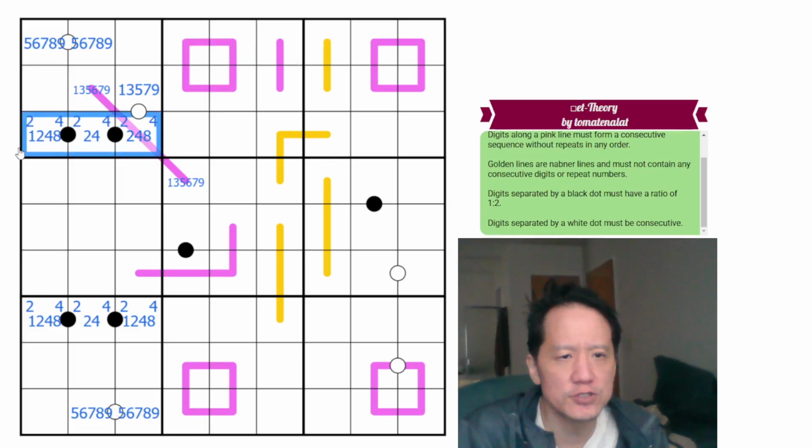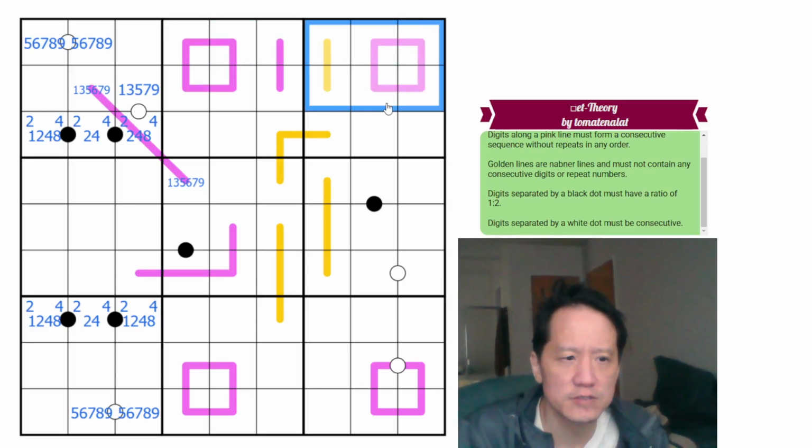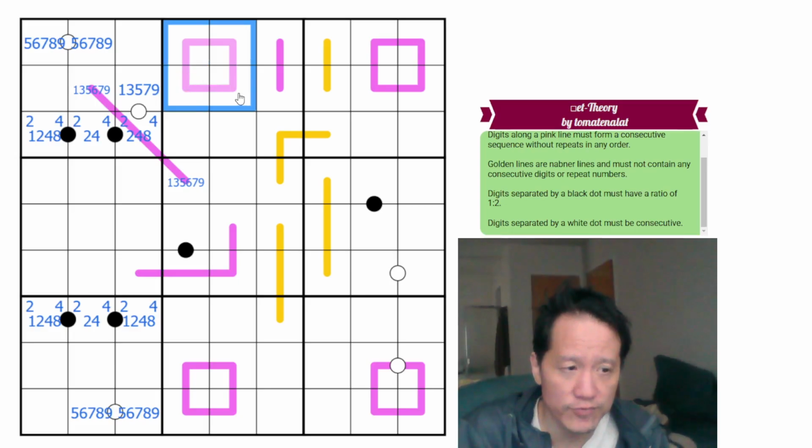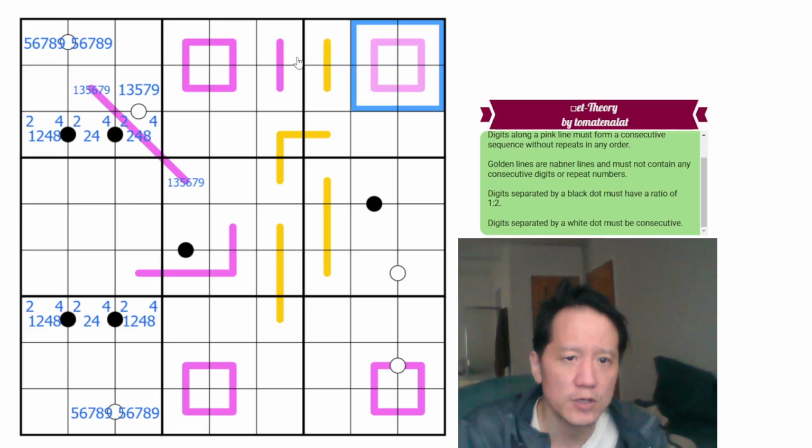Yeah, so say this is 2, 4, 8. Where are the 2, 4, 8s in this scenario and this in this box? The 8 would have to be here because it cannot be in a Renban with 2 or 4. Actually, I think the 8 would also have to be here too, right? Because at least 2, yeah.